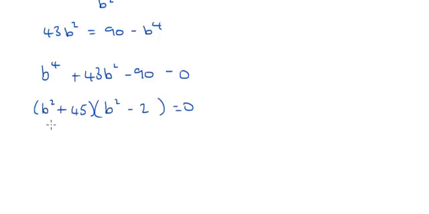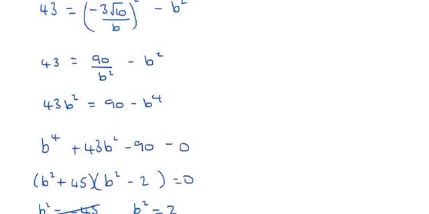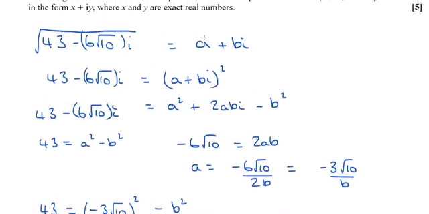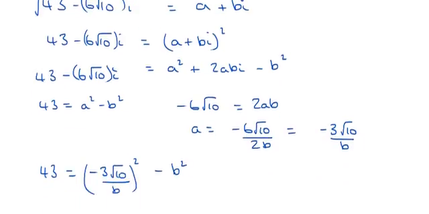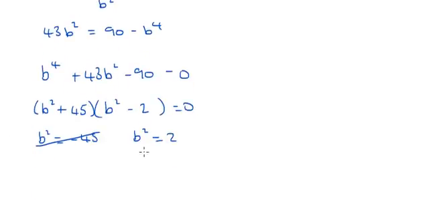So you can see that b squared is either going to be negative 45 or b squared is going to be 2, which means b is plus or minus the square root of negative 45, which it can't be, because initially at the top here, when we wrote this, we assumed that a and b were going to be real numbers. So b squared can't be negative 45, but b can be plus or minus root 2. And it can be either of those, plus root 2 or minus root 2.